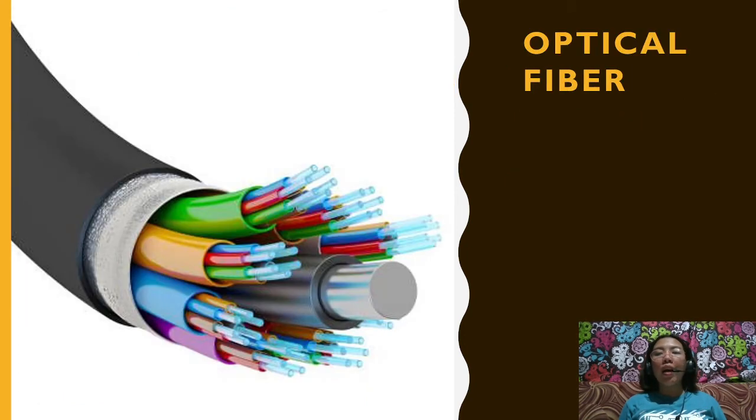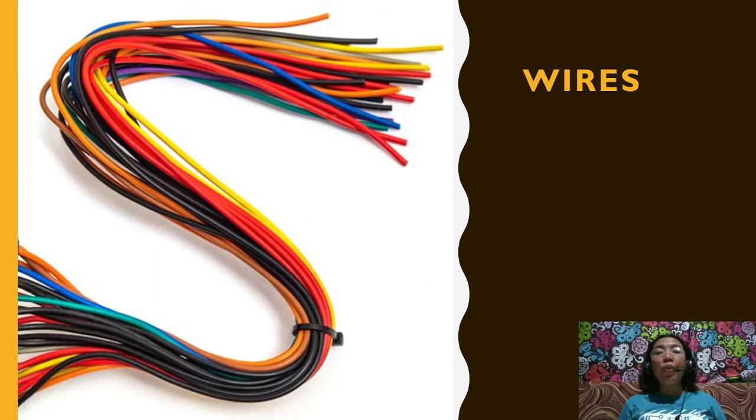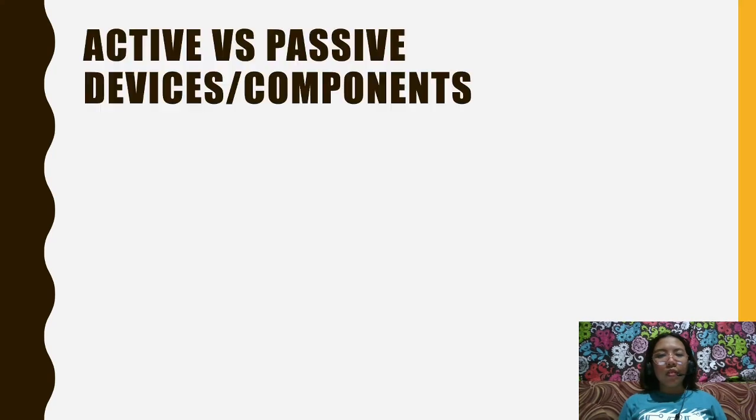We also have the optical fiber, cables, and wires, and they are all considered passive devices because they only transmit signals. So, how do we know if it is an active or passive device or component?